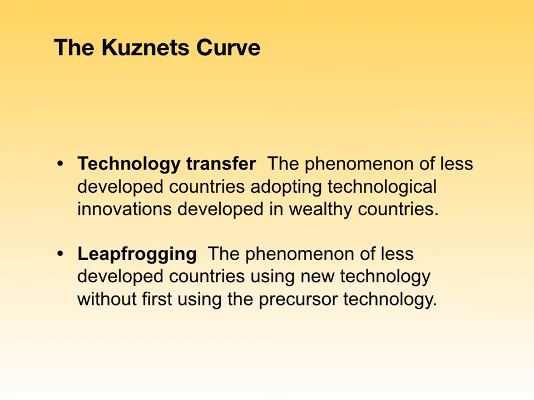Leapfrogging occurs whenever new technology develops in a way that makes older technology unnecessary and obsolete. And so this allows developing nations to take advantage of this research and development and experience things more like developed countries do.